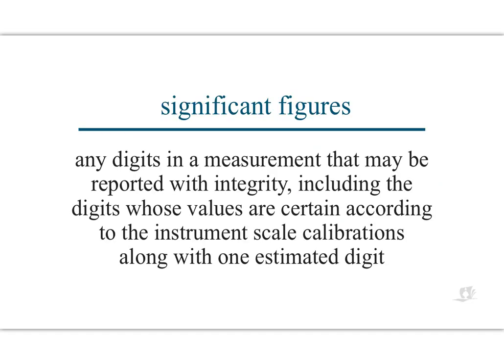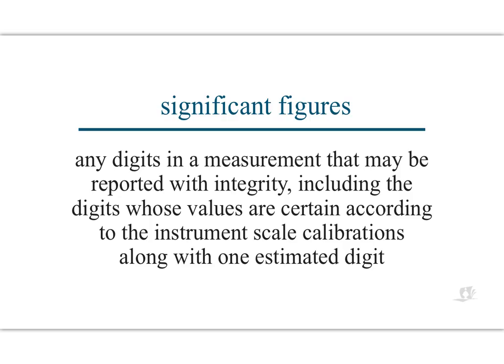And so we are going to talk about the concept of significant figures. Significant figures are any digits in a measurement that may be reported with integrity, including the digits whose values are certain according to the instrument's scale calibrations, along with one estimated digit. And so when you talk about significant figures, you are telling the reader how closely you got to the correct answer.